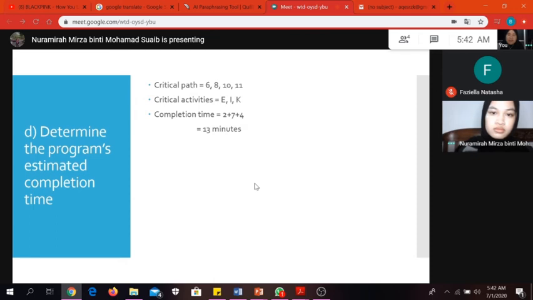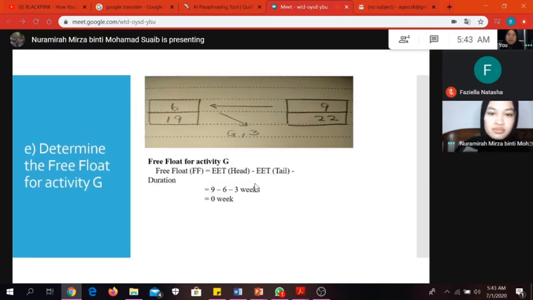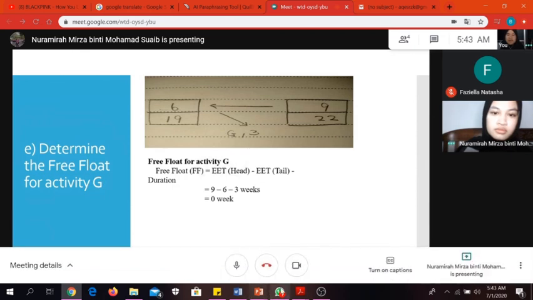Next, determine the free float for activity G. Free float equals EET head minus EET tail minus duration, equal to 9 minus 6 minus 3 weeks, which becomes 0 weeks. Next, I will give to the next presenter.